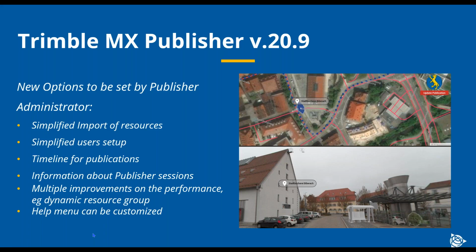Now we have introduced multiple improvements for Publisher administration. That means it's now simpler to handle a big number of users for publication or a big number of resources. It can be set in an easier and, importantly, safe way. Also, the administrator can manage the timeline for publication.